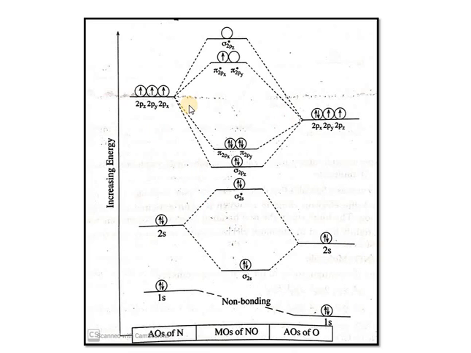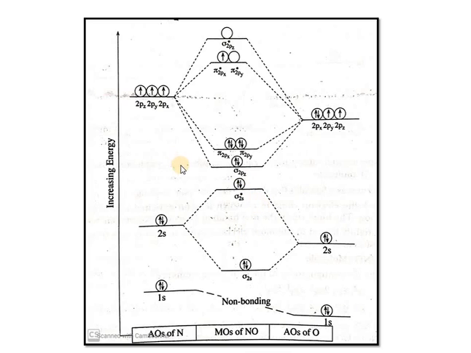In this molecular orbital energy level diagram, the 1s orbitals of both nitrogen and oxygen remain as non-bonding molecular orbitals. The 2s orbitals of nitrogen overlap with the 2s orbitals of oxygen to form sigma bonding and sigma antibonding molecular orbitals.